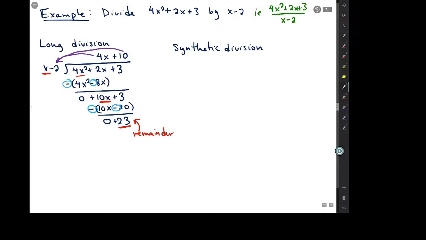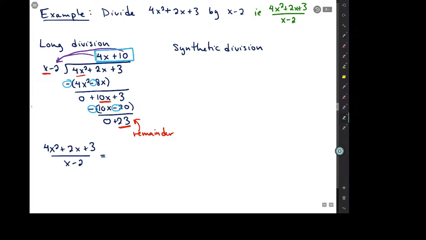And what I have found, similar to just regular integer long division, is that when I take 4x squared plus 2x plus 3 and I divide by x minus 2, I end up with this expression up here.